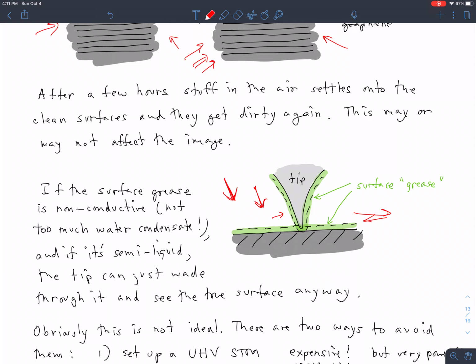Unless the grease layers are particularly wet, and water is bad because water can participate in redox reactions, which means it can behave as if it's conductive, which means it generates noise and other kinds of garbage. So you want a nice dry environment. But apart from that, any organic material that comes from your body or from whatever else may be around and ends up accumulating on the surface just doesn't have too much effect. You can still see the atoms underneath.